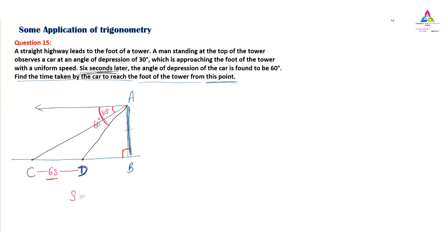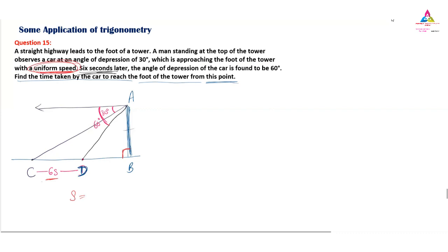They have not given the speed value, but something about the speed: the car is approaching the foot of the tower with a uniform speed. You must know what uniform speed is. If you know it, you can solve this problem very easily.